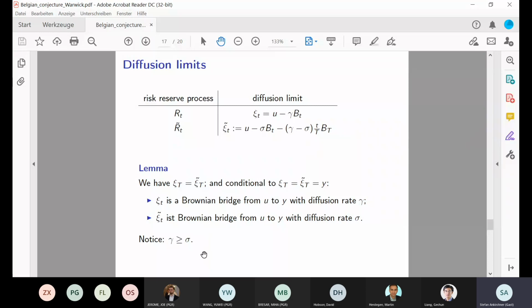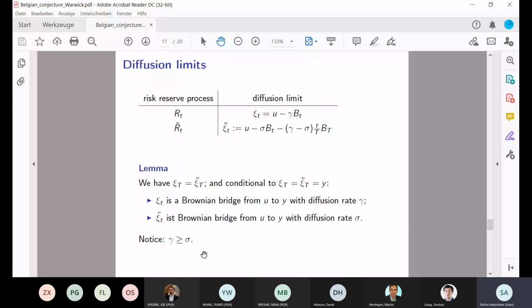There is an explicit formula for the probability for a Brownian bridge to hit zero. It's a very simple formula. It's not written here on the slide, but it's written in the paper.